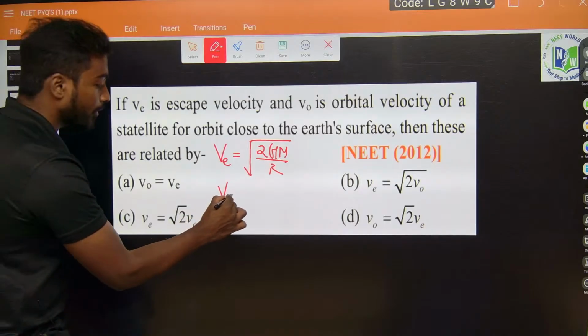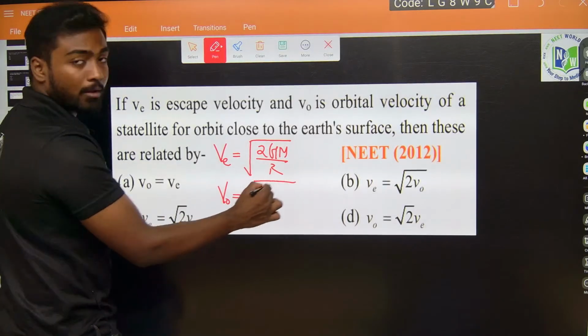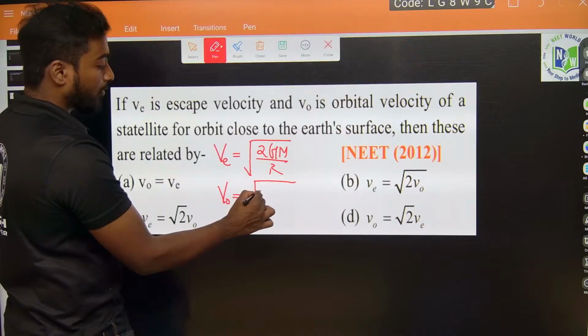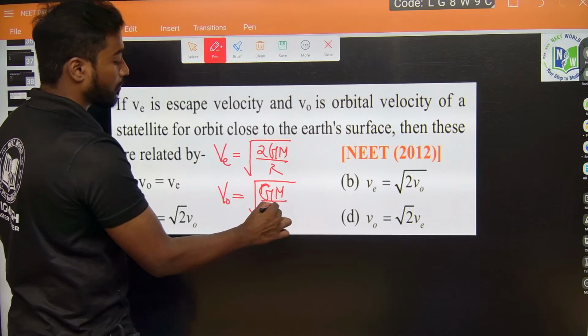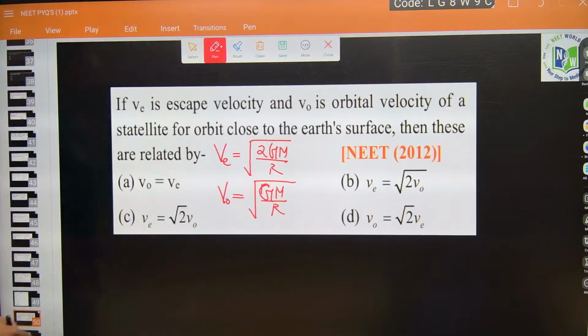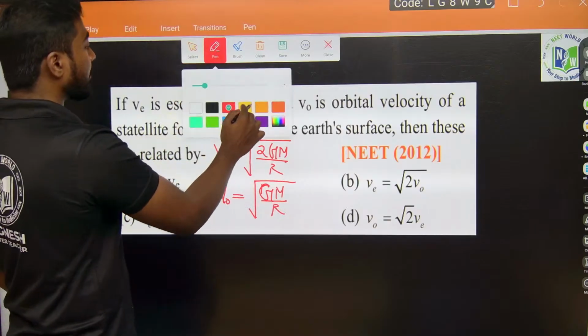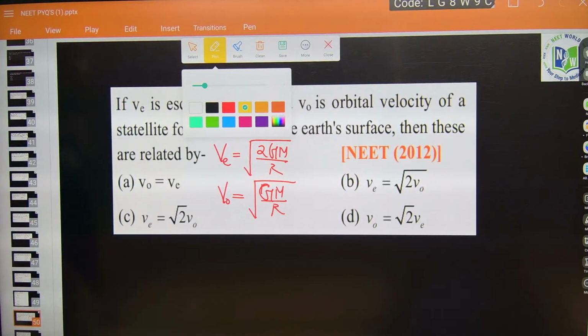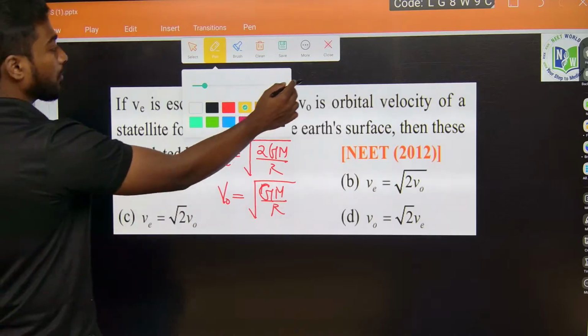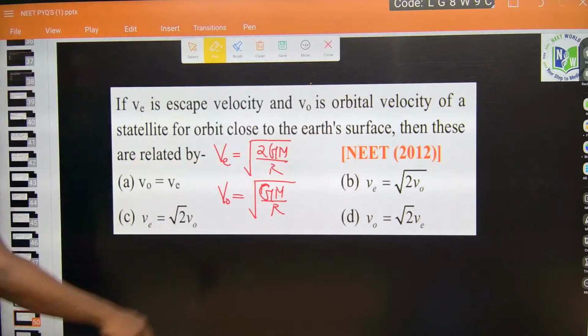V naught, the orbital velocity, is equal to root over GM by R. So these are the two relations, and from them I need to get the relation between both. Close to Earth's surface, then these are related by.